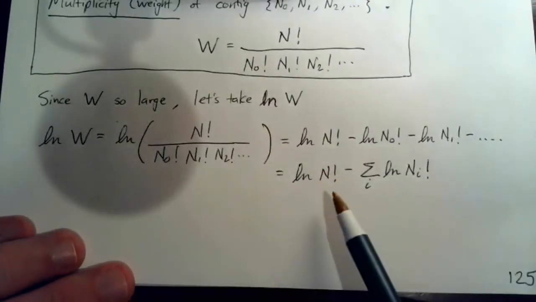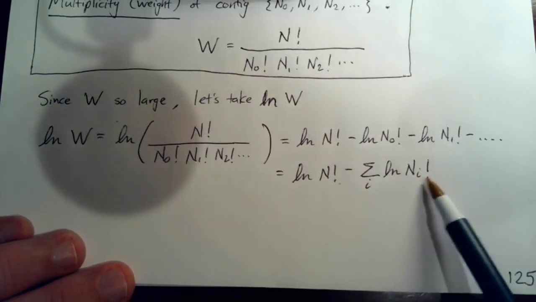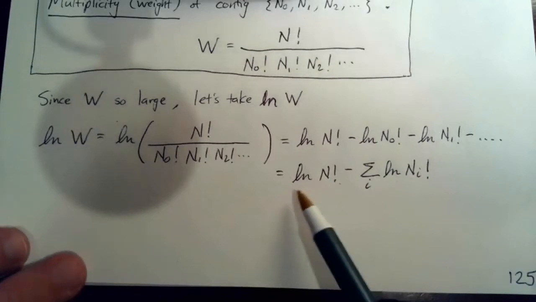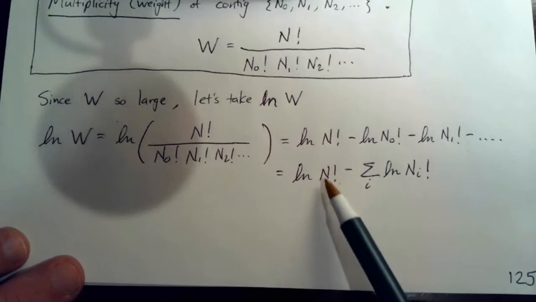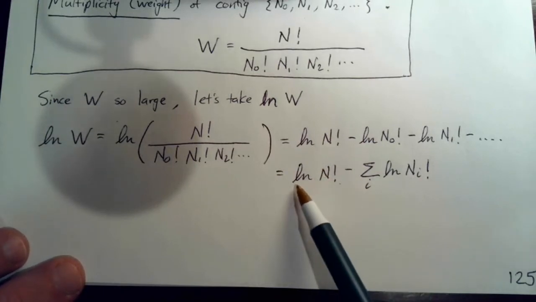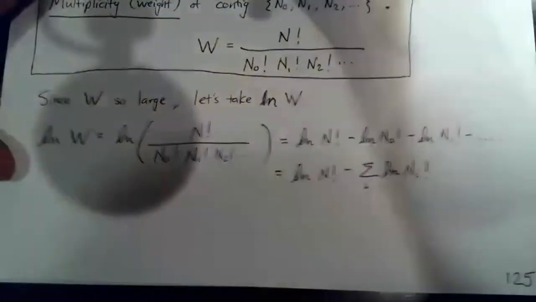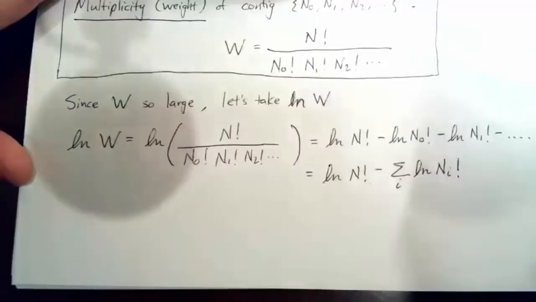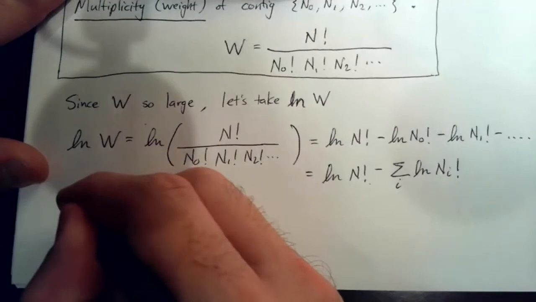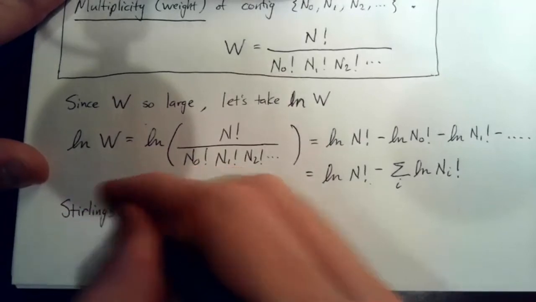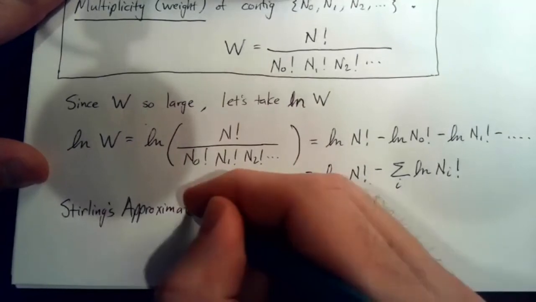So notice in this formula, I have the natural log of a number factorial and the natural log of a number factorial. So this is one advantage of taking the natural log, is that we have an approximation for this. N factorial is a huge number, typically, and this is the natural log of a very large number. And so we have an approximation that lets us calculate these large numbers fairly easily. And that's called Stirling's approximation. This is something you see quite a bit in statistical thermodynamics.